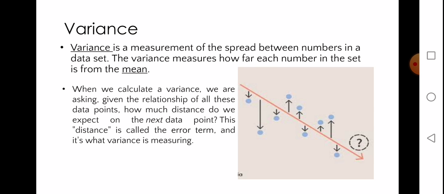So when we calculate a variance, we are asking, given the relationship of all these data points, how much distance do we expect on the next data point? This distance is called the error term, and it's what variance is measuring.